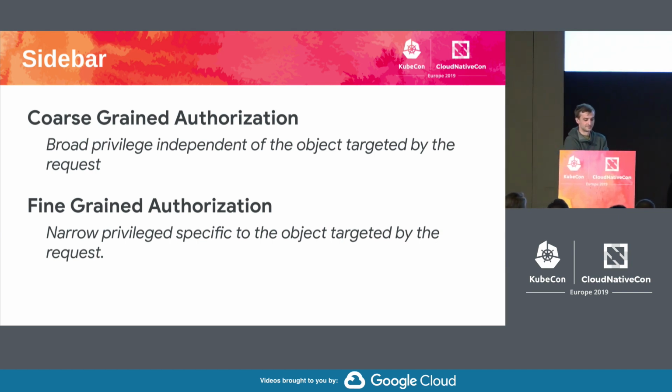You can think of a coarse-grained authorization as permission to call the getBook RPC. And fine-grained authorization is a narrow privilege specific to the object targeted by the request. So fine-grained authorization would be you can get book Noah's Ark, if that was a book.